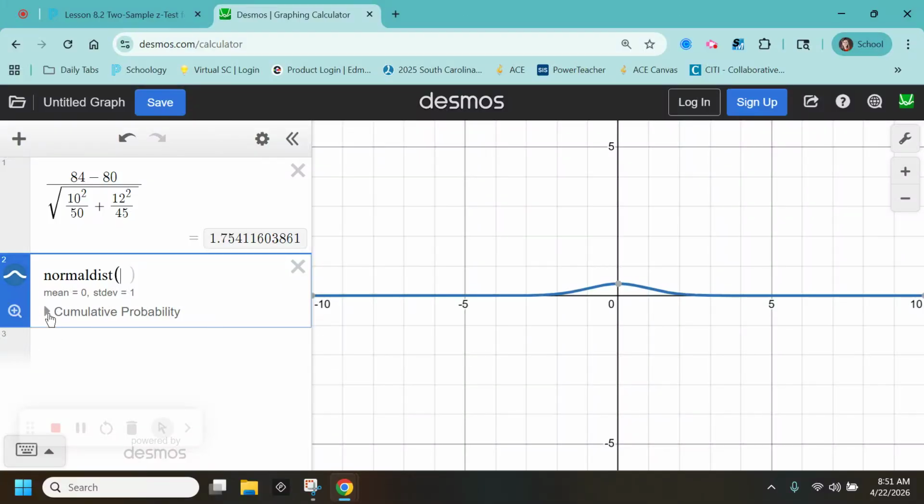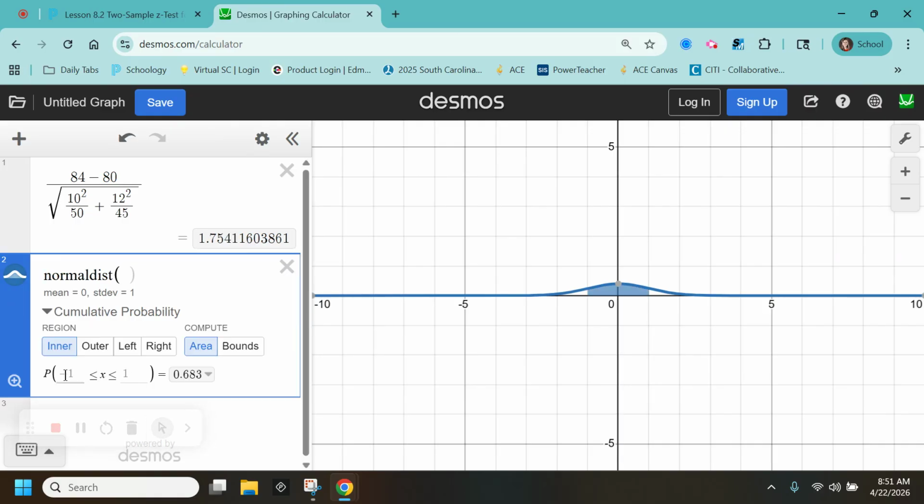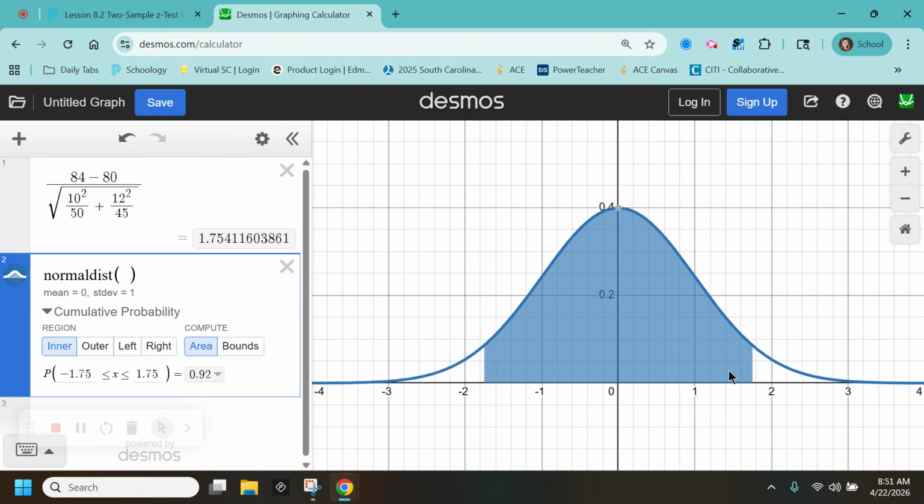And we are looking for, we'll say, the probability, and it's going to be plus or minus 1.75. So I could put negative 1.75 here, and then positive 1.75. And again, that would give me that inside area, so that probability between.